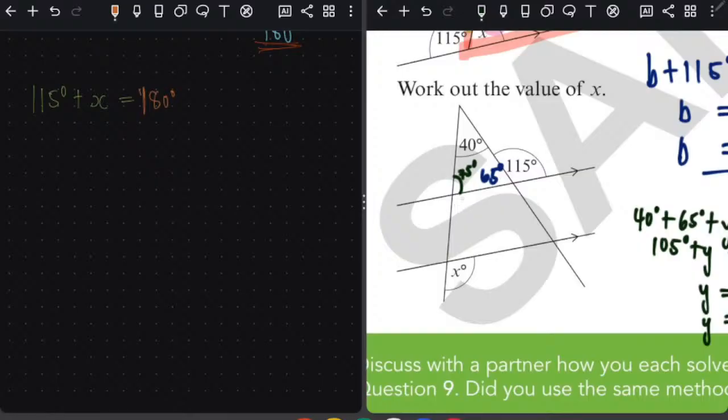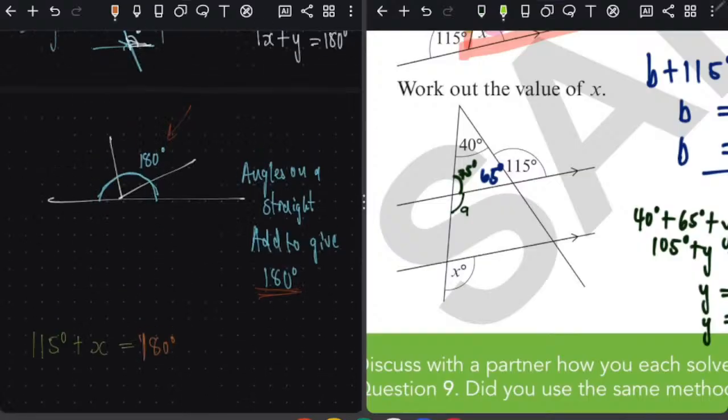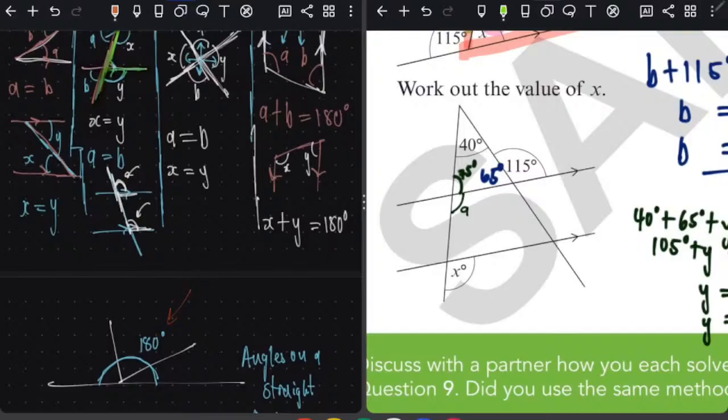Why can you find this other side, if I call it A? Why can you find it? What rule will you be using for this one, on the rules we gave each other? 75 and A. What do they do? What rule is that one?